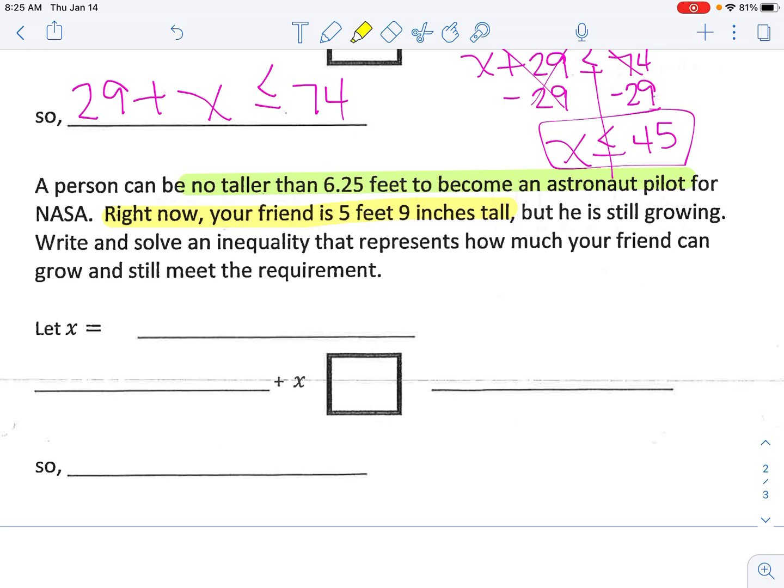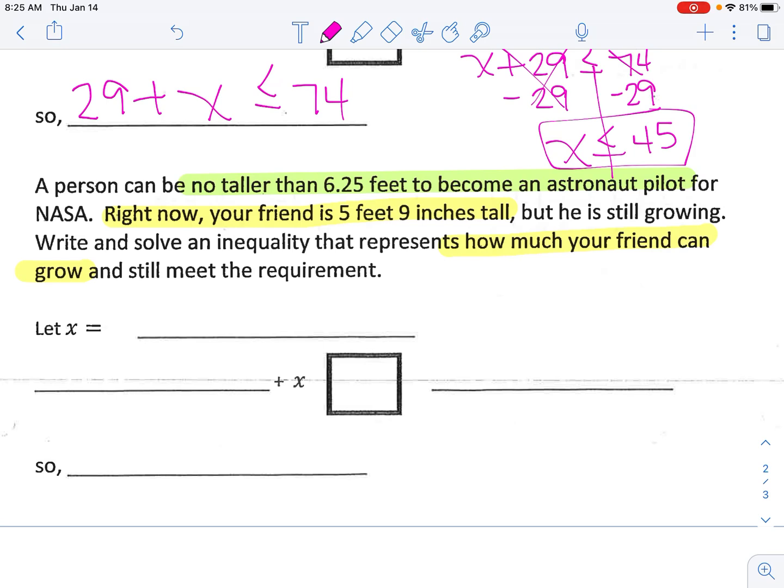Write and solve an inequality that represents how much your friend can grow and still meet the requirement. So we need to define our variable by looking at what the question is asking.